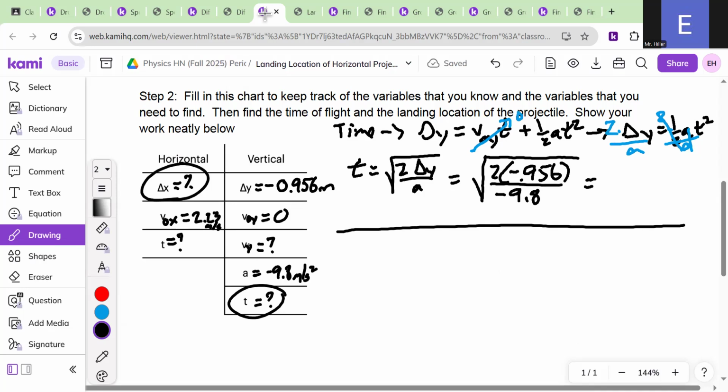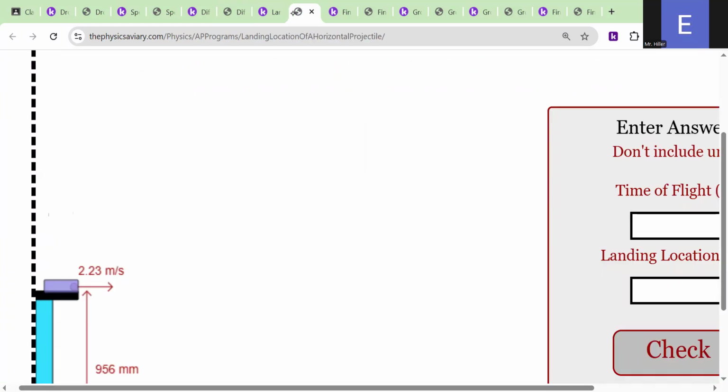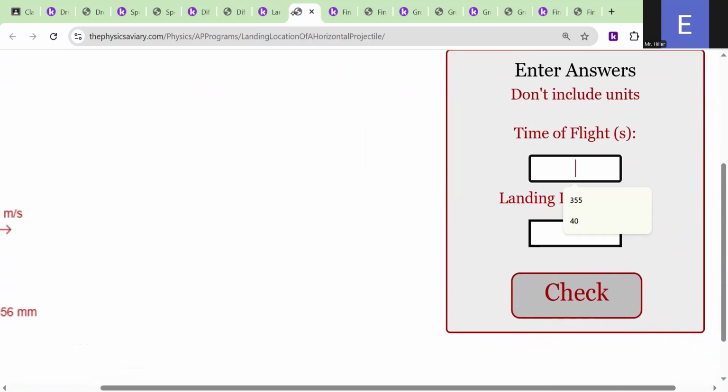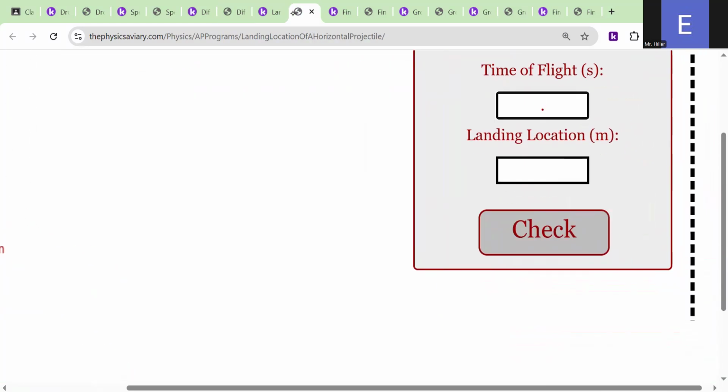Notice the negatives will cancel, so don't worry about putting them in. 2 times 0.956 divided by 9.8. Square root that, and I'm getting about 0.44 seconds for my time of flight.